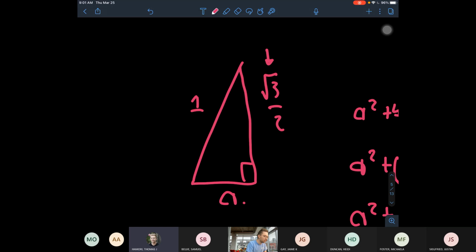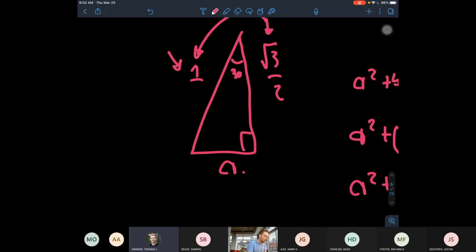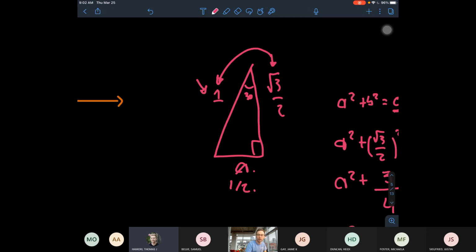And we would say, well, this looks like a 30, 60, 90 triangle where this relationship between these two looks like the relationship between the side lengths across from the 60 and across from the 90. So then the side length across from the smaller one should be half of the largest side. So then it would just be 1/2. You could also do it like that.